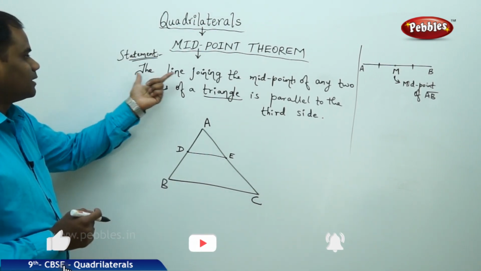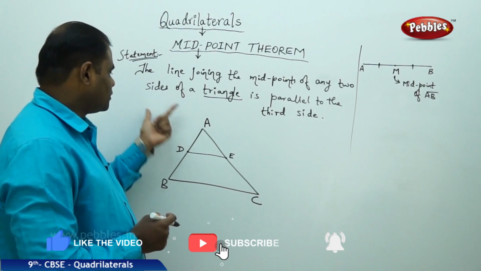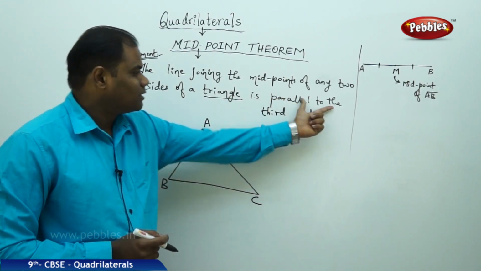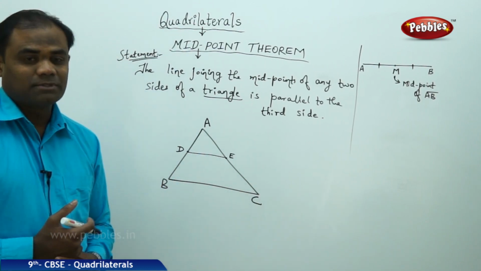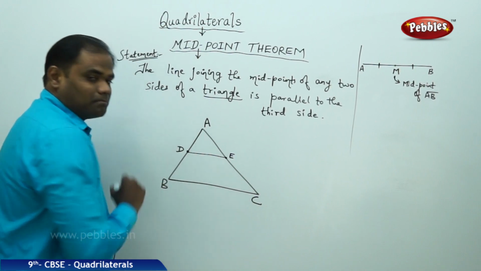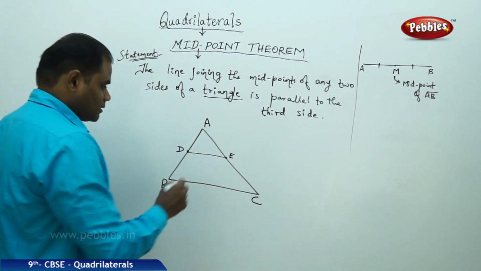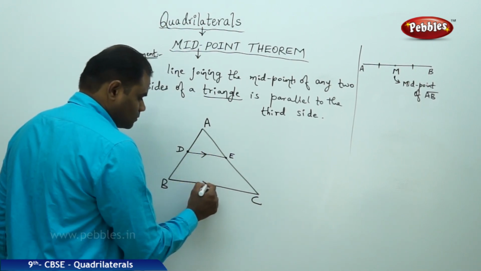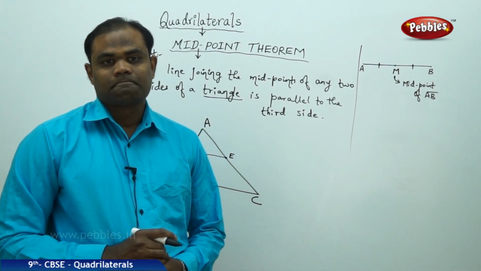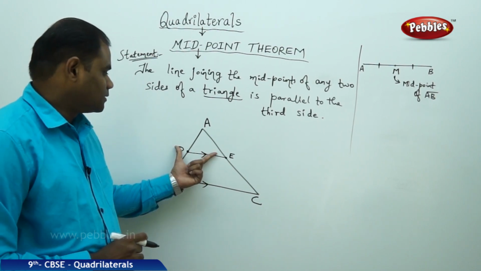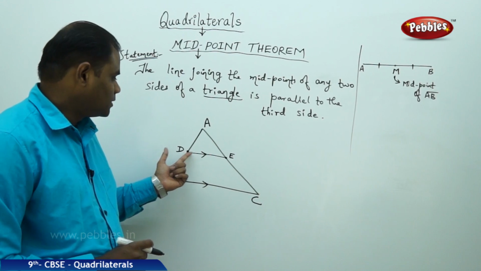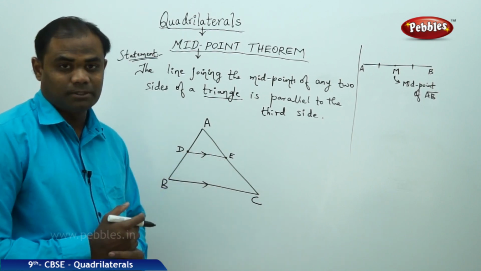Now it says that the line which joins the midpoints of any two sides of a triangle, in this case being DE, is parallel to the third side. The midpoint theorem says such a line connecting the two midpoints must be parallel to the third side. So here DE is parallel to BC.